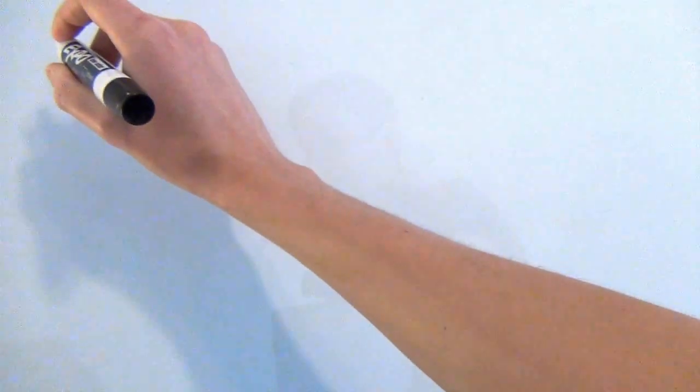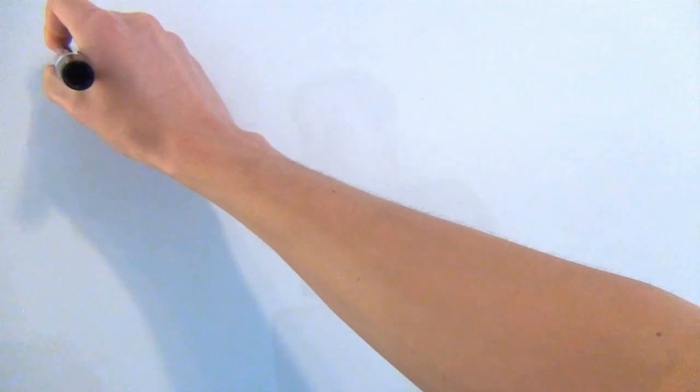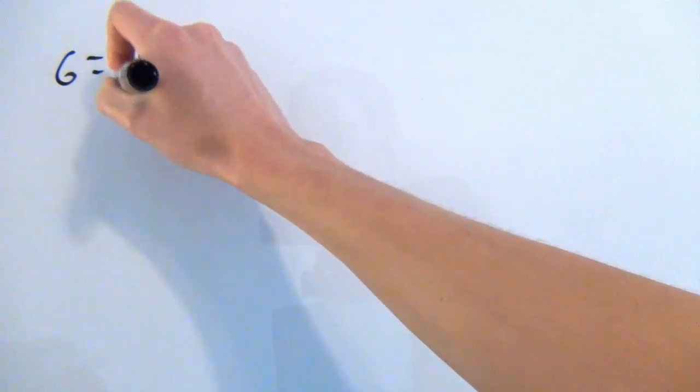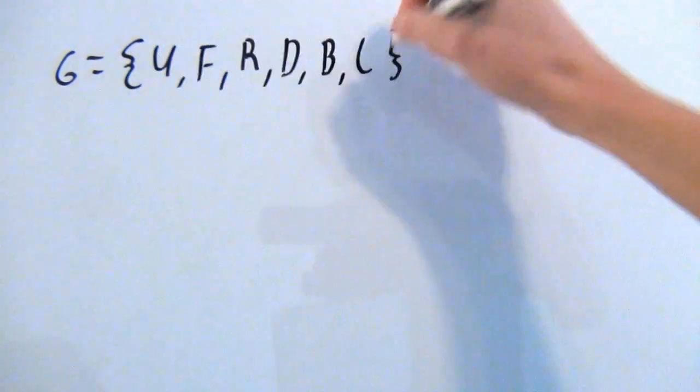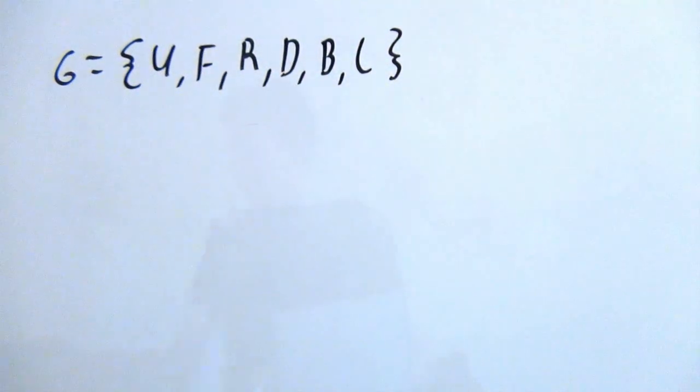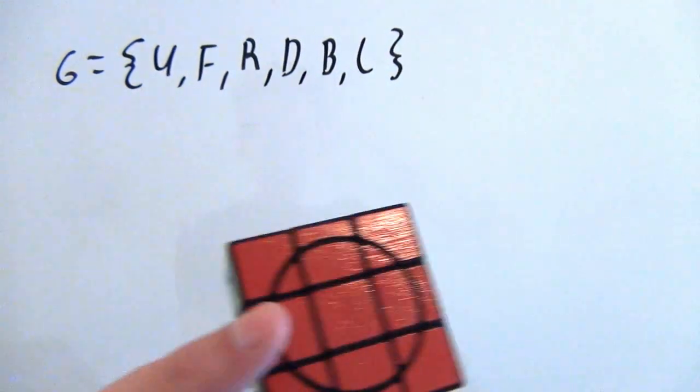But this puzzle does have the same grip set as the regular cube. It's still that grip set that has, let's write this down again. So our grip set, let's define that, is still the same thing. Order doesn't matter here.